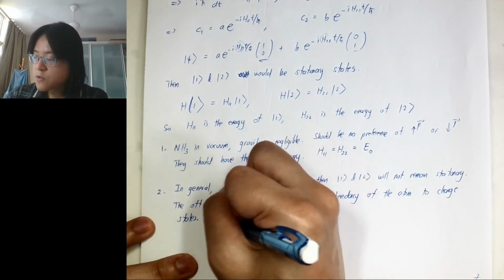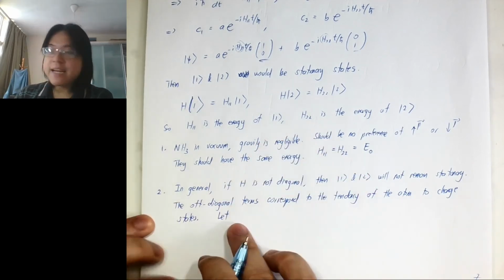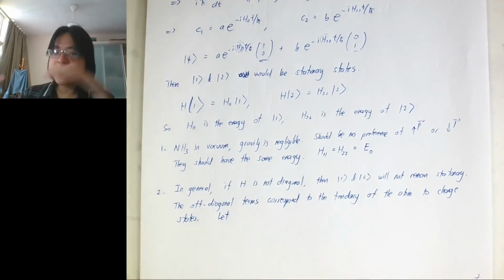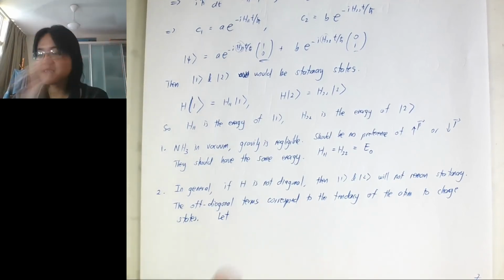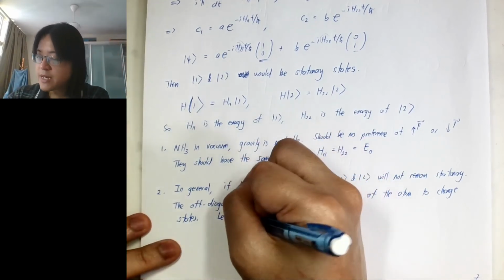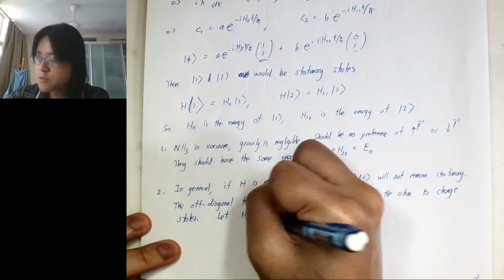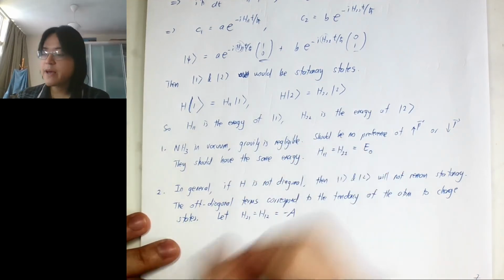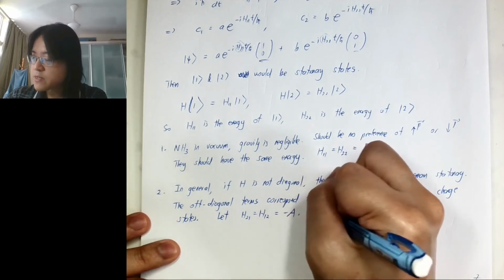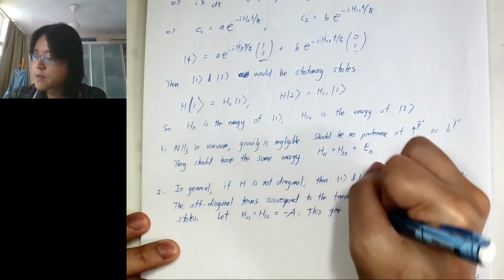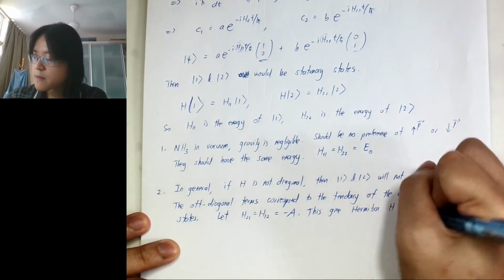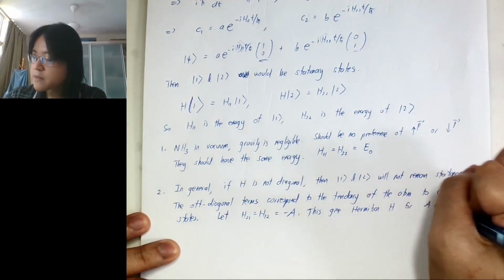Now we make another assumption, still knowing nothing much. These are all purely reasonable assumptions. We shall let H21 and H12 be the same constant, and I will call this negative A. This will give a Hermitian Hamiltonian for A real.